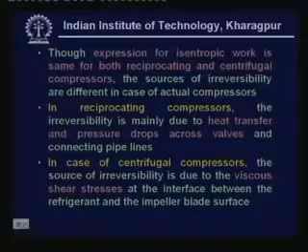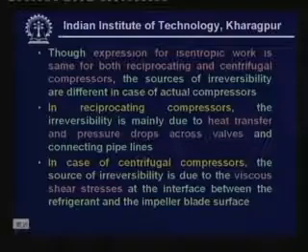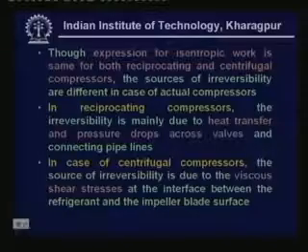Now let us look at the sources of irreversibility in centrifugal compressors. In a centrifugal compressor, the source of irreversibility is the viscous shear stress at the interface between the refrigerant and the impeller blade surface. If you look at the working principle, the refrigerant flows at very high speed between the impeller blade passages.